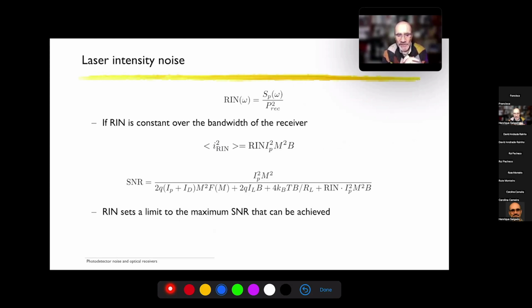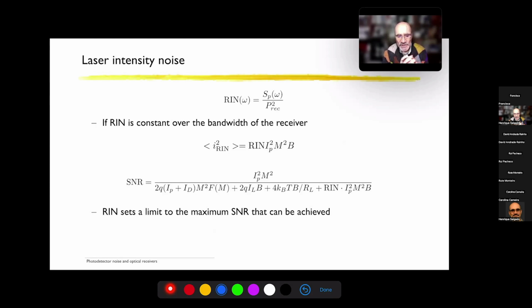And we define the power spectral density associated with this intensity noise of the laser as the relative intensity noise, or RIN, defined as the power spectral density divided by the mean square power.